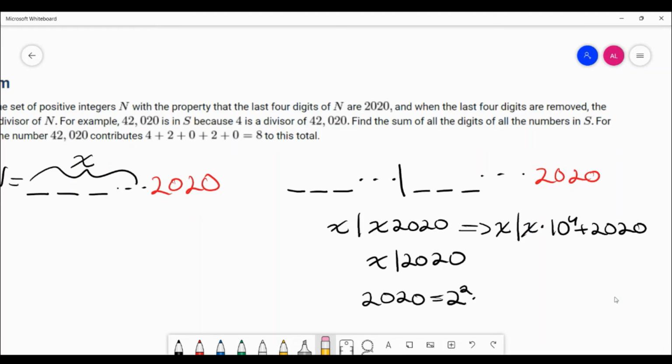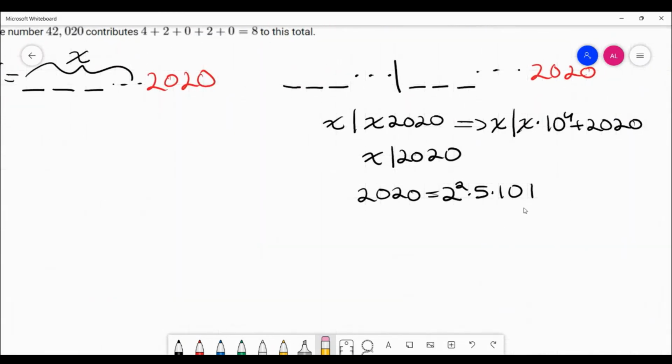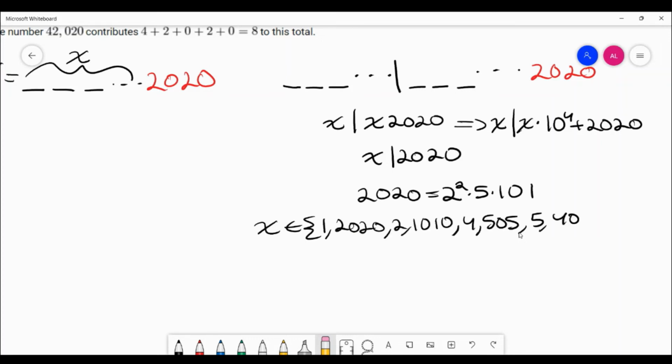So 2020 is the same as 2 squared times 5 times 101, which is prime. So x can be equal to any of these values right here. These are all 12 divisors of 2020.